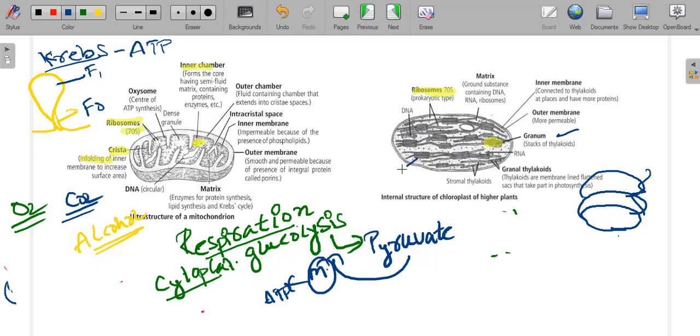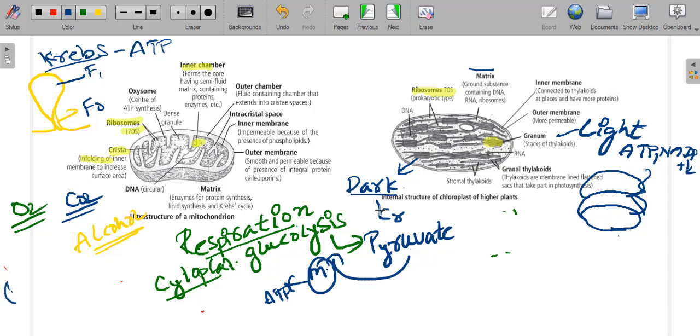The stroma is the place, the matrix I mentioned, where an important set of reactions of photosynthesis takes place. It is called the dark reaction. The granum is the place where the light reaction takes place. Light reaction is where ATP and NADPH2 are produced, and the dark reaction is responsible for a step called the Krebs cycle.